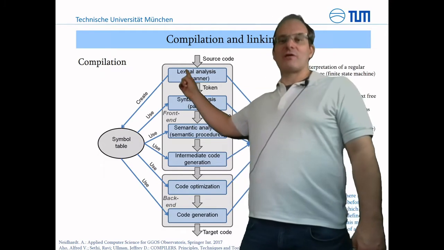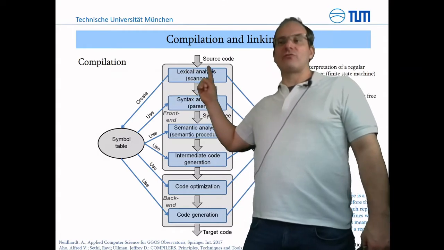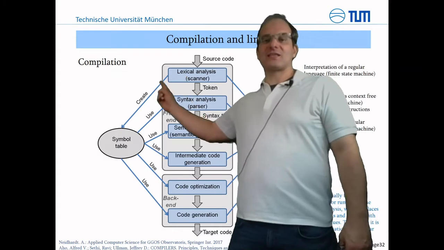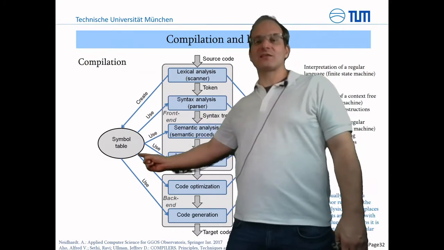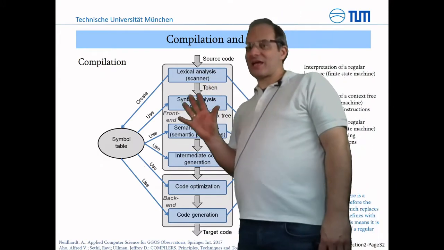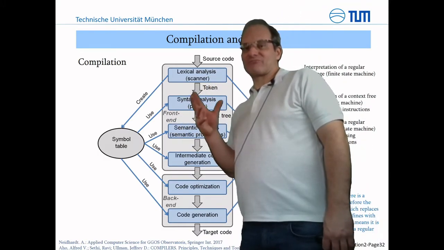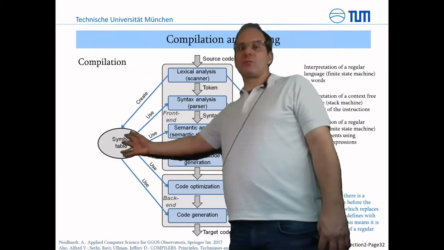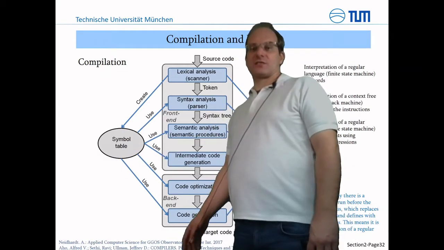So here we have a lexical analysis, we have the regular languages part here. Then we identify the words, so we create a so-called symbol table. The symbol table is in principle something like the syntax tree. So we have a table with all of the symbols and the structures to each other.